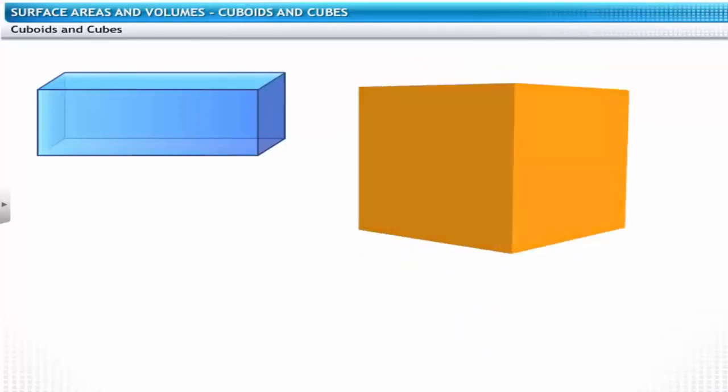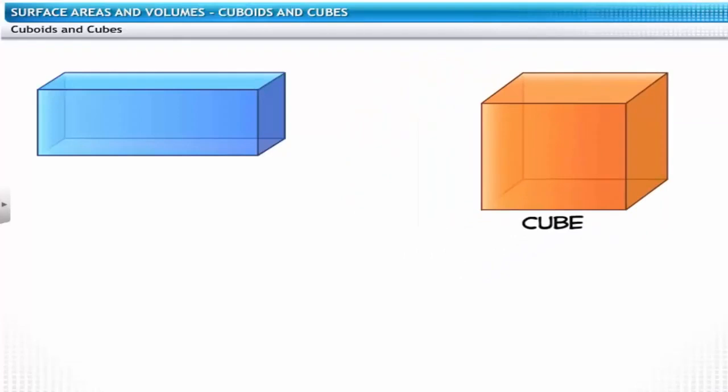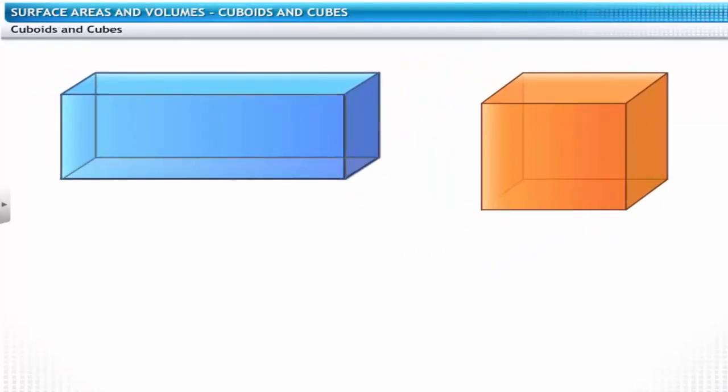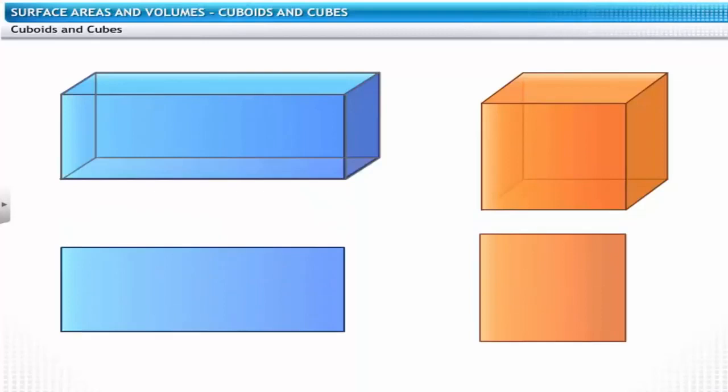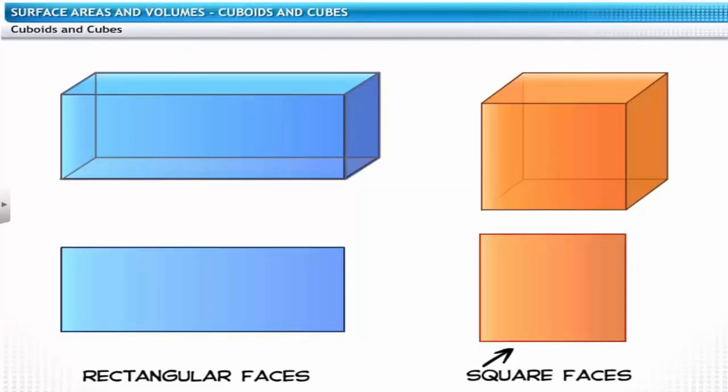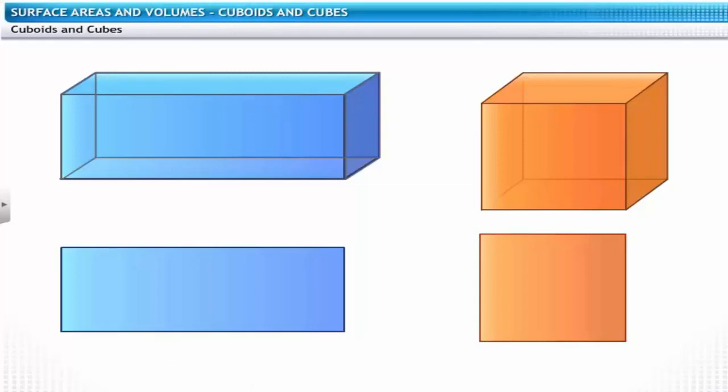Such a figure is called a cube. As you can see, the basic difference between a cuboid and a cube is the shape of their faces. A cuboid has rectangular faces, while a cube has square faces. These figures are also known as prisms.